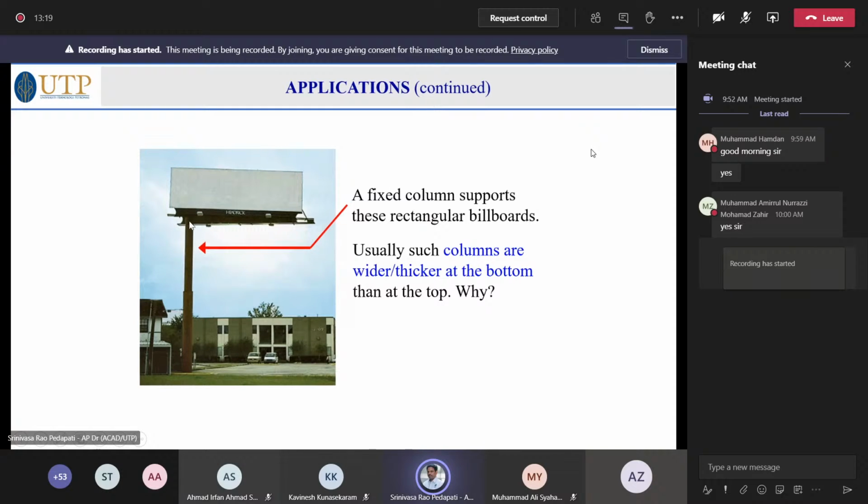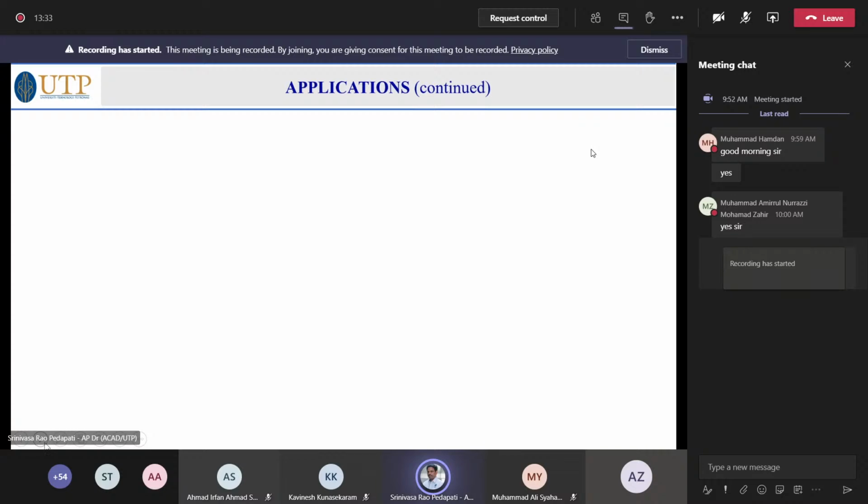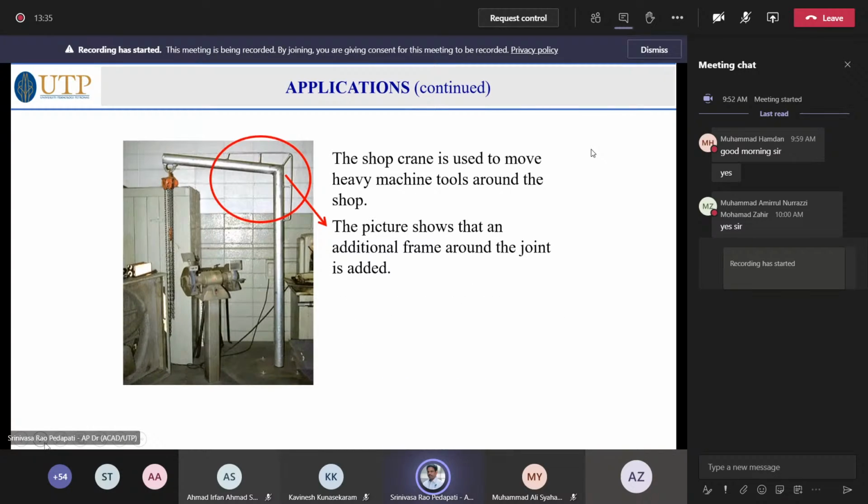Why don't we have the same diameter throughout? The purpose is the load moment that is coming onto the column. In the other structure, the crane, you can also see it is propped by an additional frame to take care of the bending moment coming at that point.